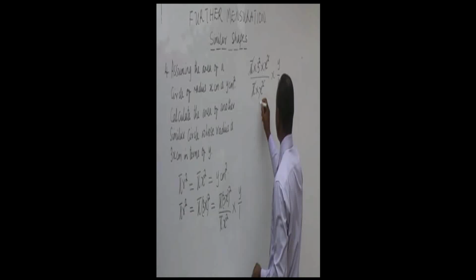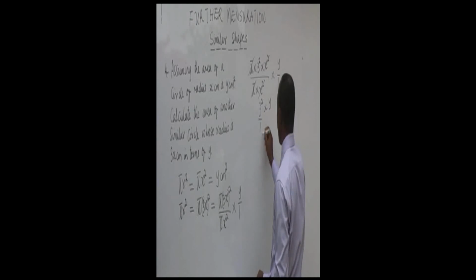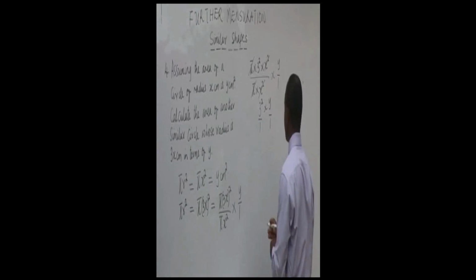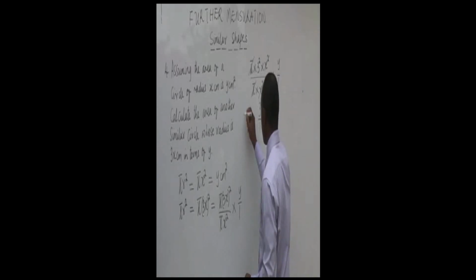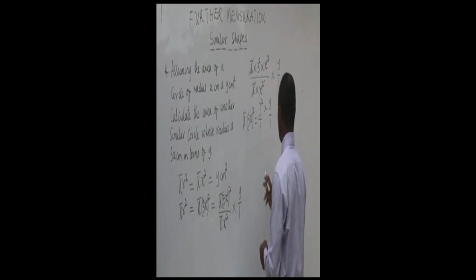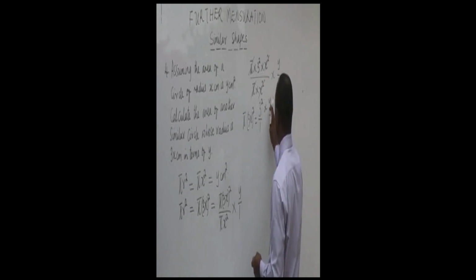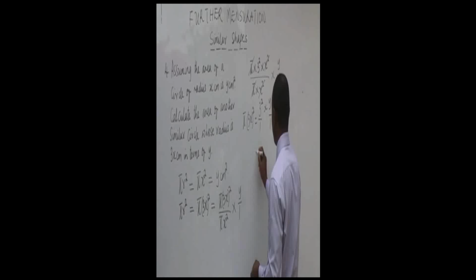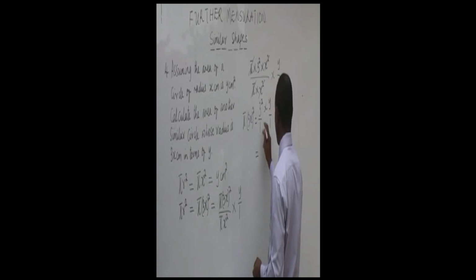You'll be left with 3 squared all over 1 times y all over 1. Multiplying out the numerators and denominators, 3 squared is 9, times y will give you 9y.